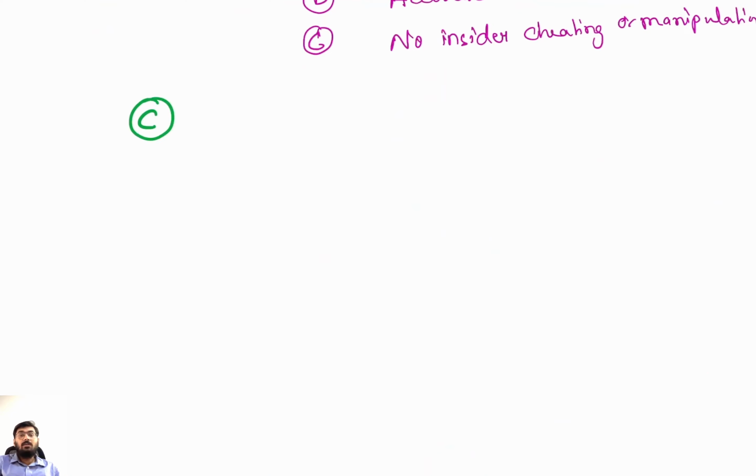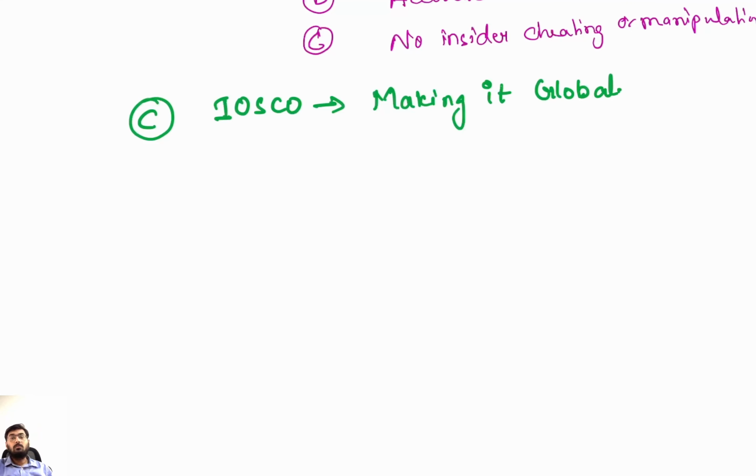Write down IOSCO. Making it global. Now you may ask, if every country has its own rules, what about global investors?